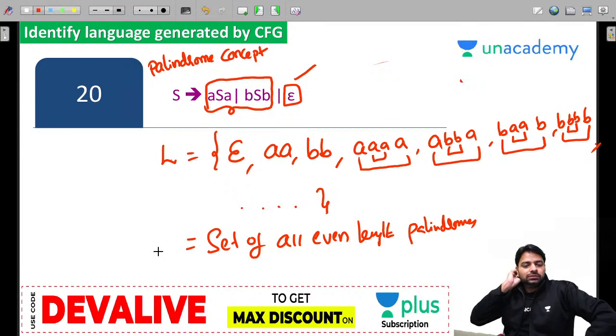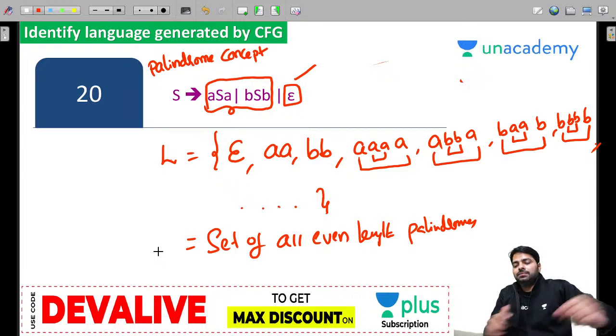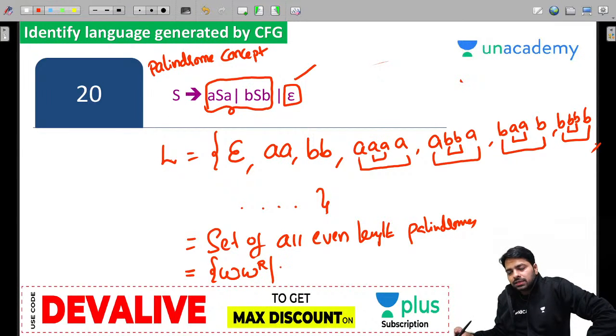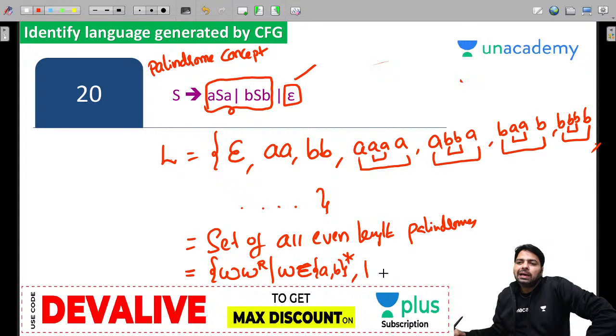Yes, good point, Bohra. Add A and B also, and the grammar generates all length palindromes, correct. So how do you represent this? In the exam, they may not give it to you directly. What do they write? W W power R, such that W belongs to A comma B whole star. That's enough.